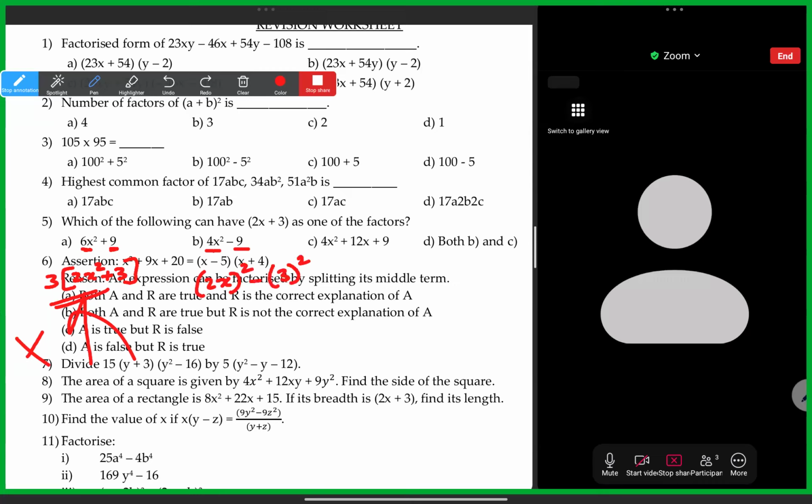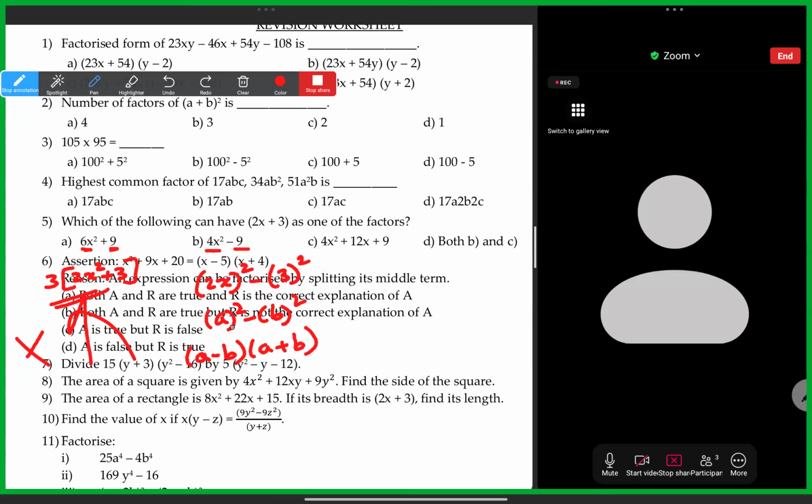Then the second option: I'm writing 4x square as 2x whole square minus 3 square. Now this looks like A square minus B square. If any expression looks like A square minus B square, we can write it as A minus B into A plus B. So when you compare these two, what is A and what is B?